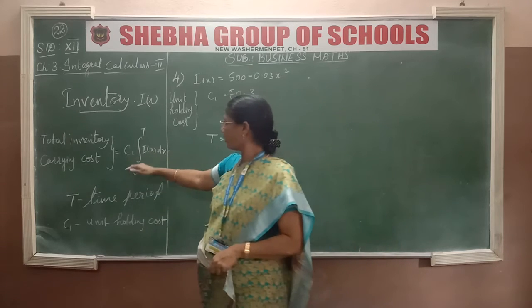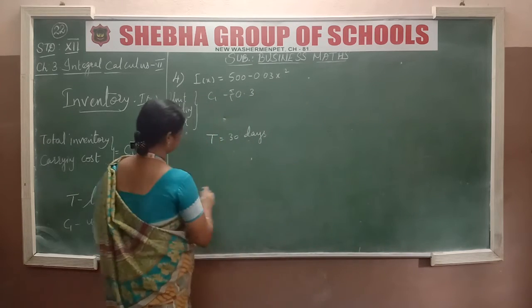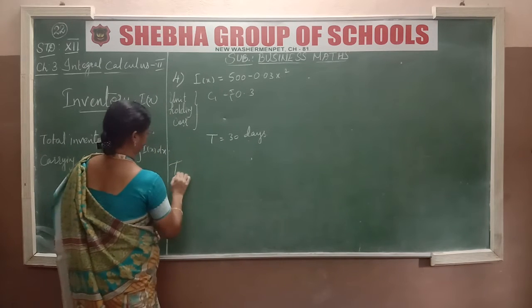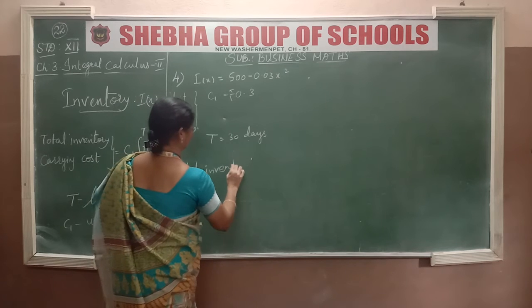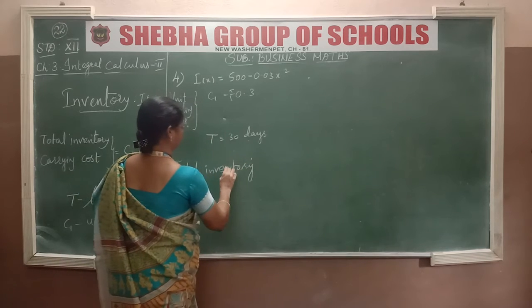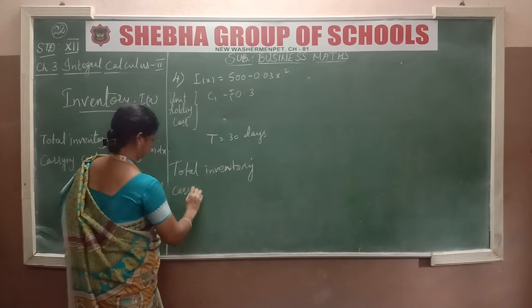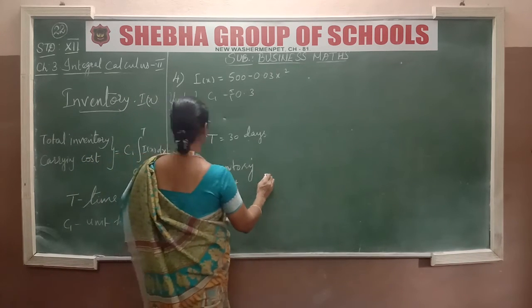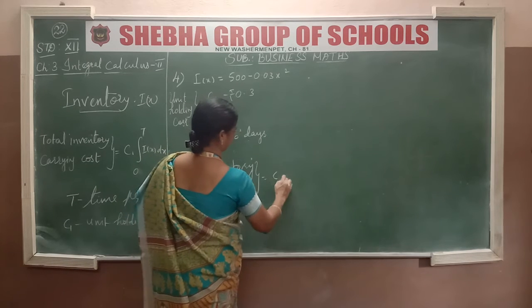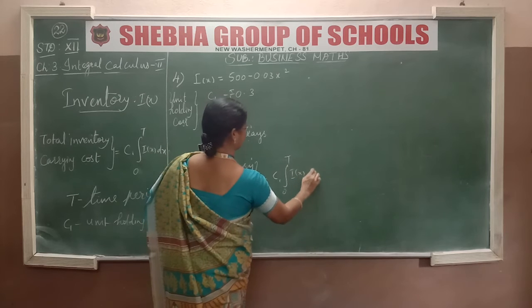Using this formula, we get total carrying cost is C1 into integral 0 to T, I of x into dx.